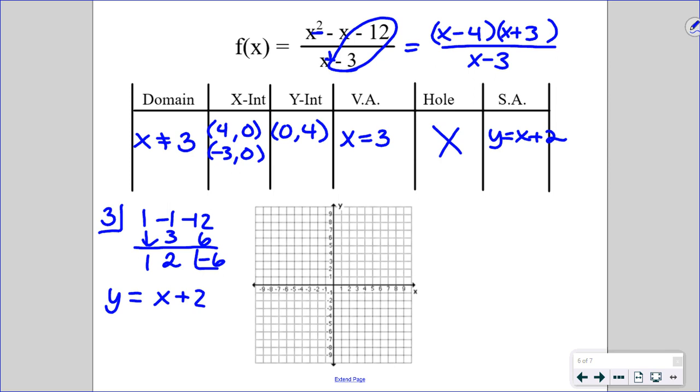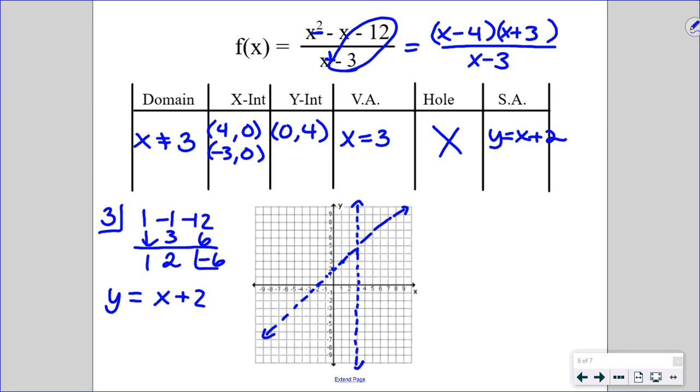Okay, so I'm going to start with the slant asymptote. If I'm sketching y equals 1x plus 2, that means the y-intercept is 2, and then it has a slope of 1. And then remember, we're just going to put a dashed line through these points. So here's our slant asymptote, and our VA is x equals 3.